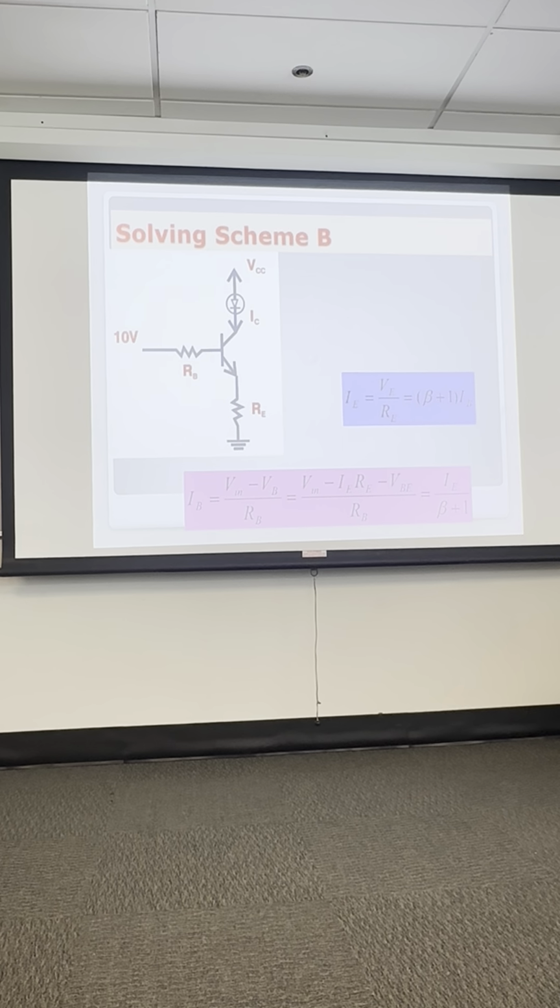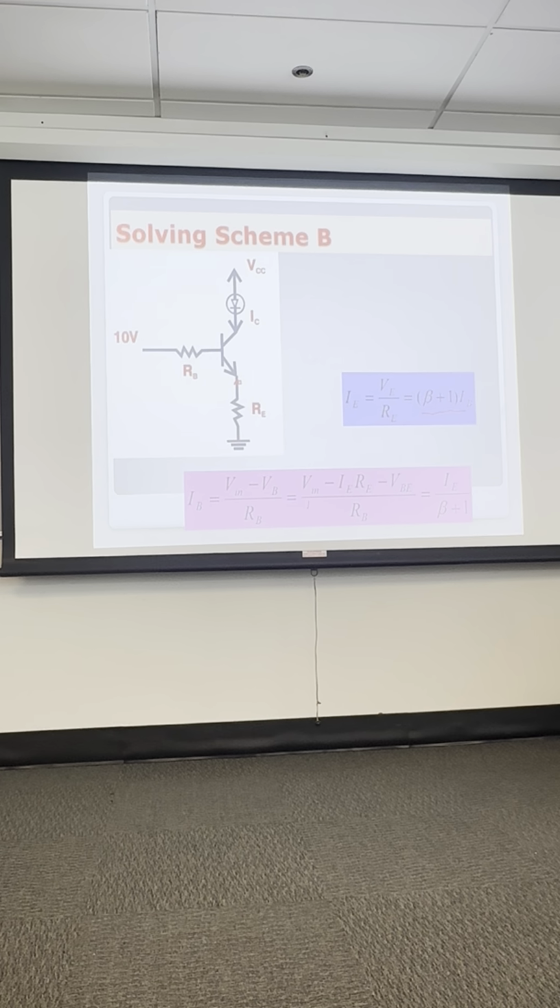We can calculate the emitter current, which is simply the emitter voltage over that resistor. So that's equal to beta plus 1 times I sub B. Everyone's familiar with that, how to convert in that formula. And then in the formula at the bottom, our base current is still V sub N minus V sub B over RB.